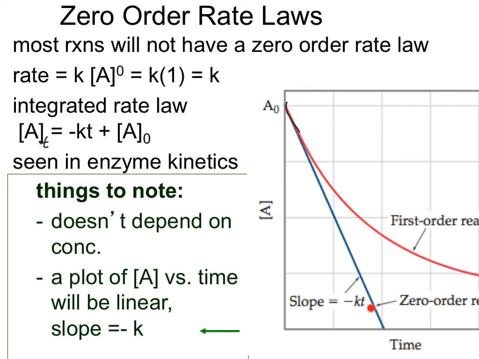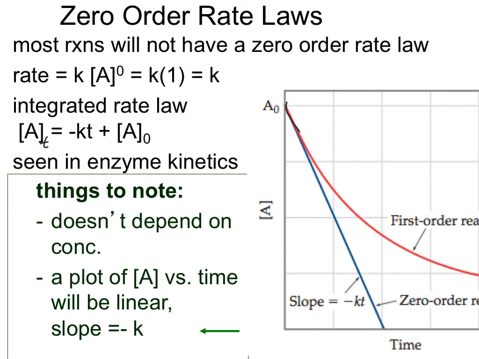Okay, in the case of zero order reactions, the concentration doesn't affect the rate. Okay, so if you plot a concentration of reactant versus time plot, and you basically get a straight line with a negative slope, you subsequently know that you have a zero order rate law.